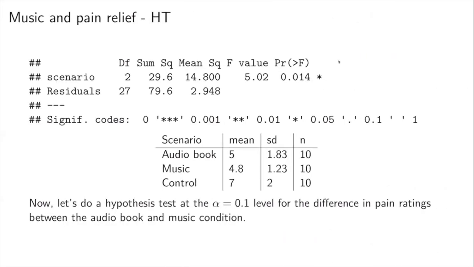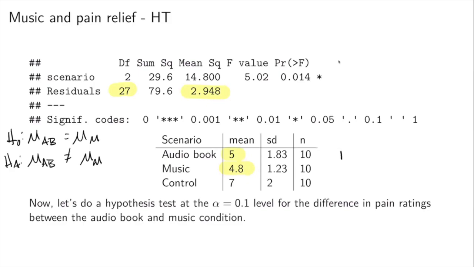So let's also do a hypothesis test. Again, we're still going to need the mean square error, the degrees of freedom for the residuals, and some means. This time I said, let's look at the difference between the audiobook and the music condition. So in this case, our null hypothesis is that mu audiobook is equal to mu music, and our alternative is that mu audiobook is not equal to mu music.